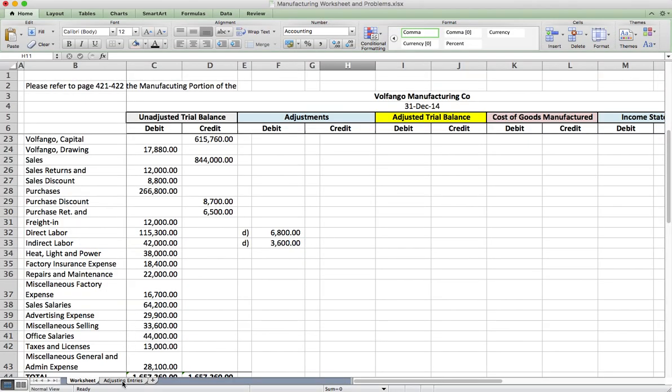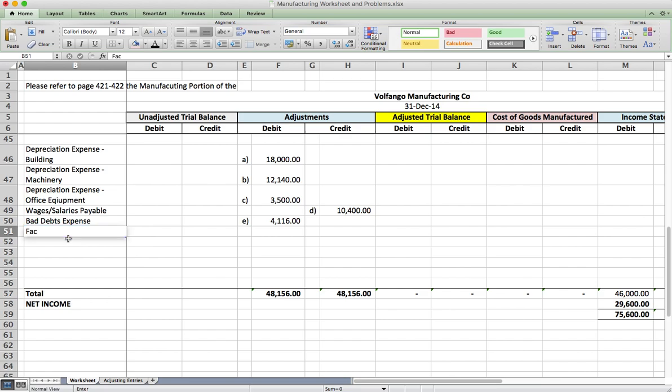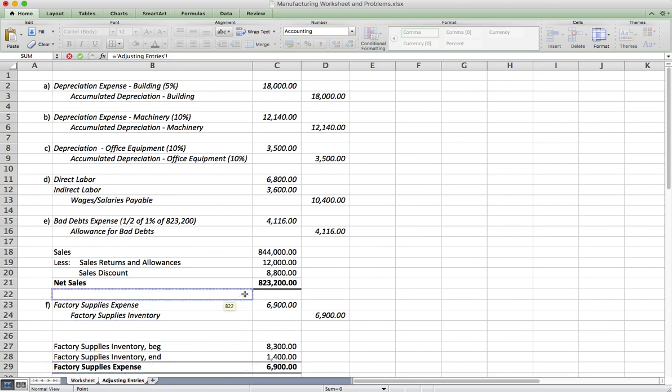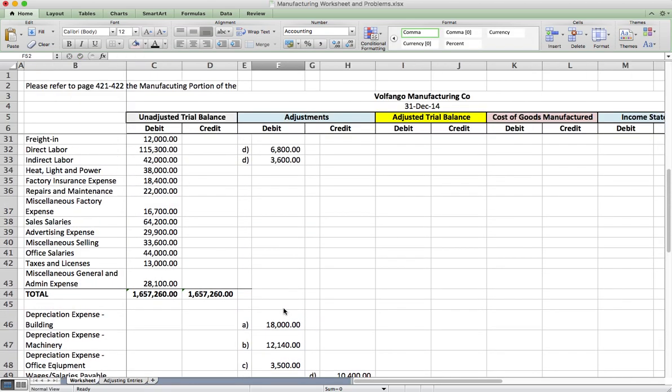Factory supplies expense. Letter F. Okay. Debit kasi yan ay expense. 69. And then, factory supplies inventory.